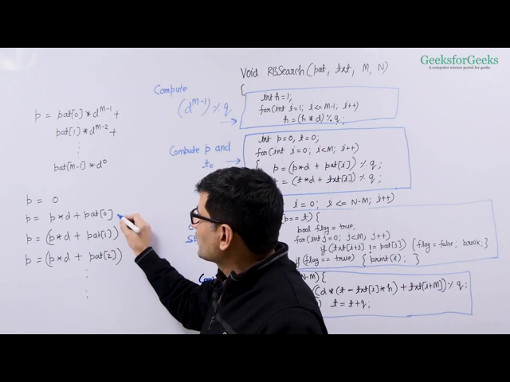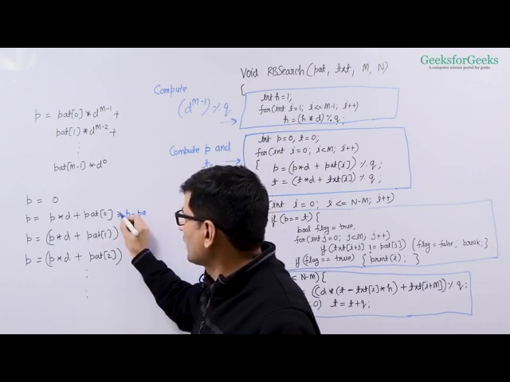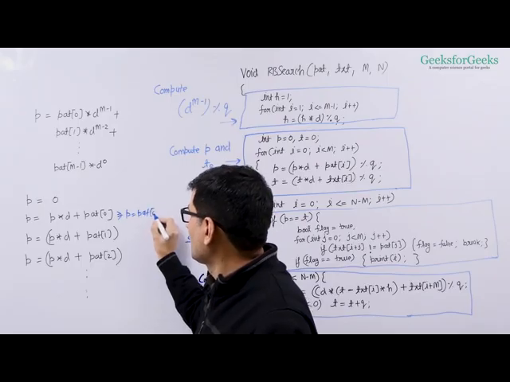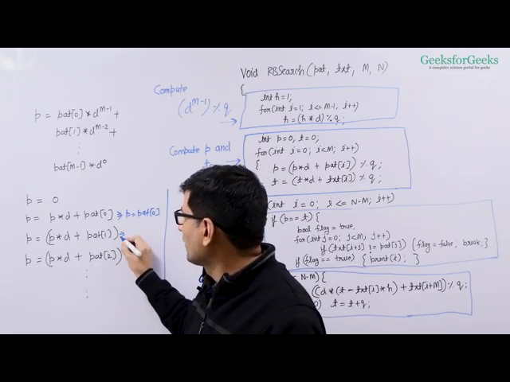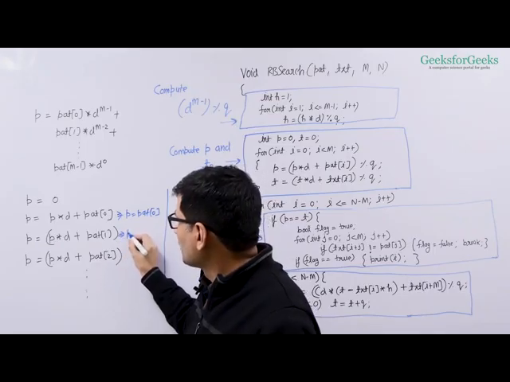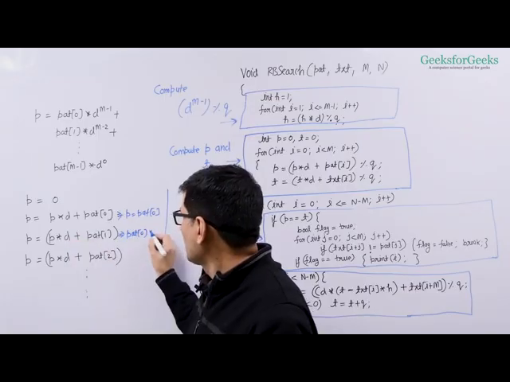After you have done this, your p value is going to have pattern 0, right? And after you have done this, your p value is going to have pattern 0 into d plus pattern 1.